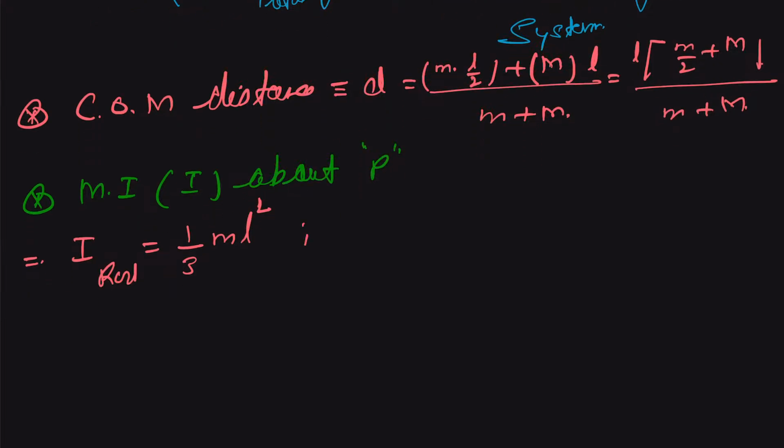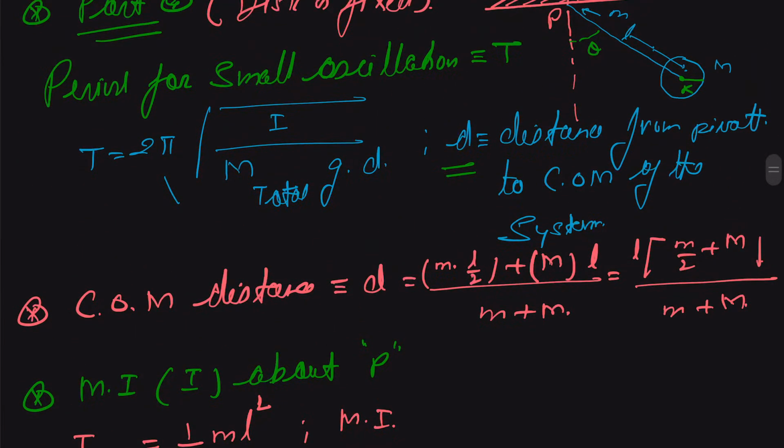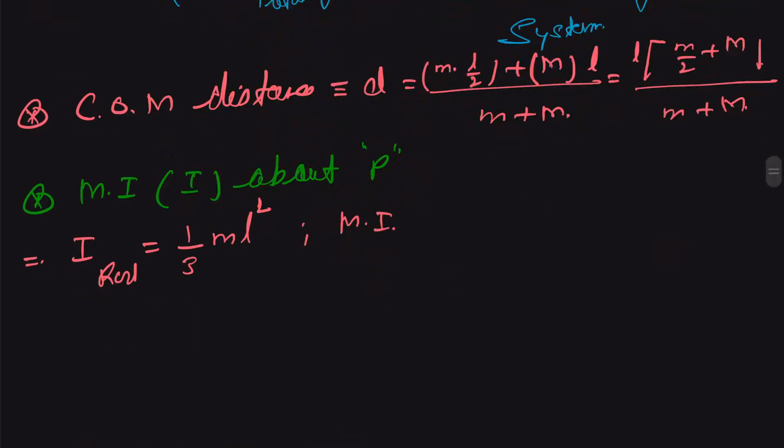So the moment of inertia of the disc about point O, which is the center of mass, so this is I CM, will be equal to the standard formula, 1 by 2 mr square.